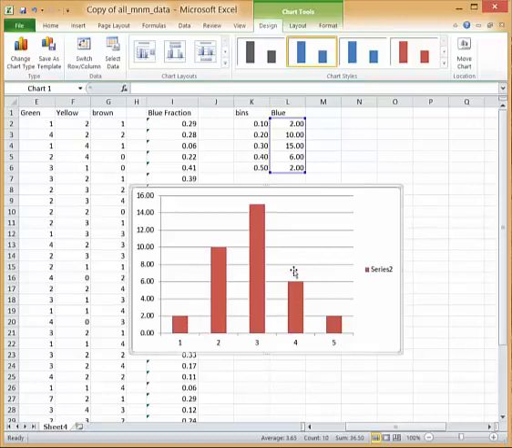There's a little bit of a discrepancy here, but we also only have a very small data set. We probably need several hundred examples before we would see a very good, well-shaped bell curve. This looks pretty decent, and I would say qualitatively, the data for the blue candies do follow a normal distribution.